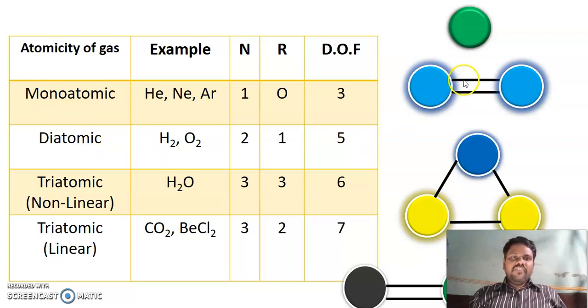However, if the distance between the 2 particles is fixed, then the number of constraints is 1. So the degrees of freedom reduces from 6 to 5. Example: hydrogen and oxygen.